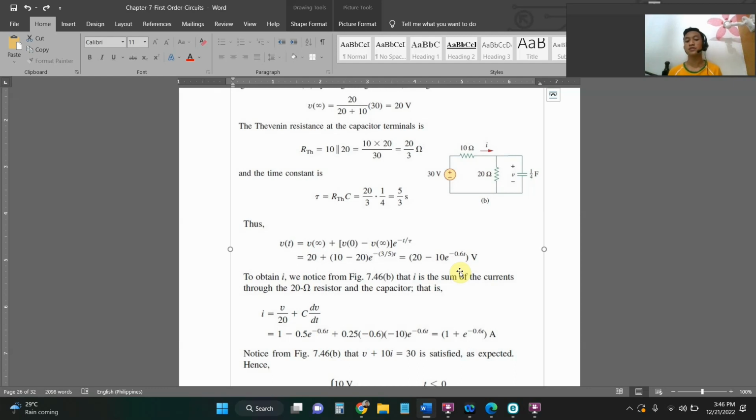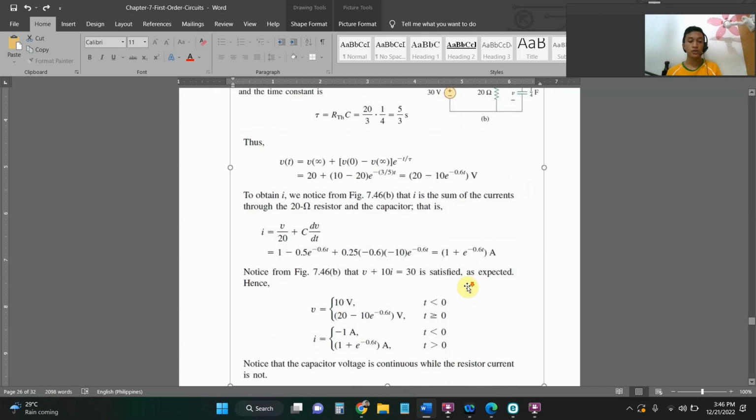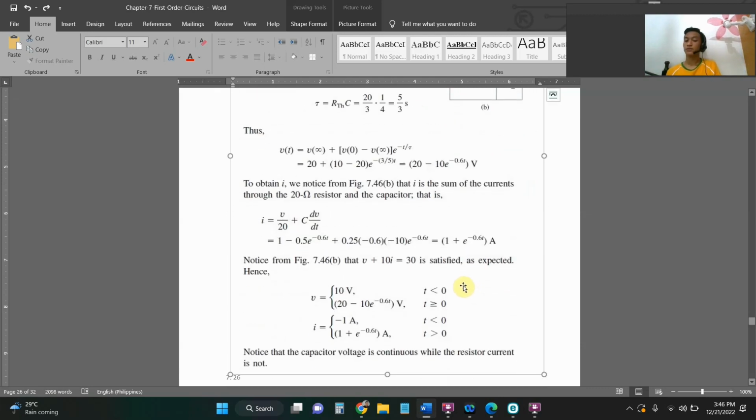By substituting the values, we get the current as 1 plus e to the negative 0.6 t. Note from figure 7.46 that v plus 10i equals 30 is satisfied, okay.